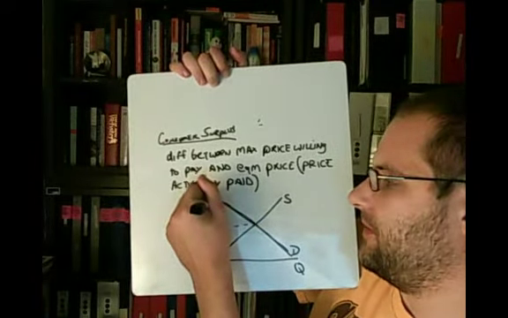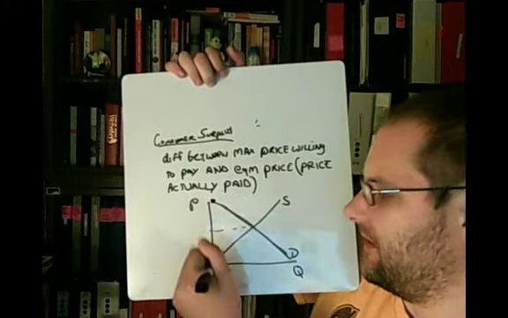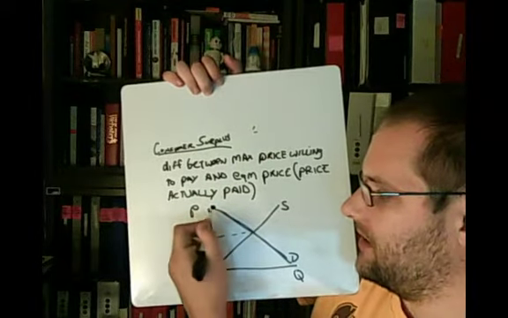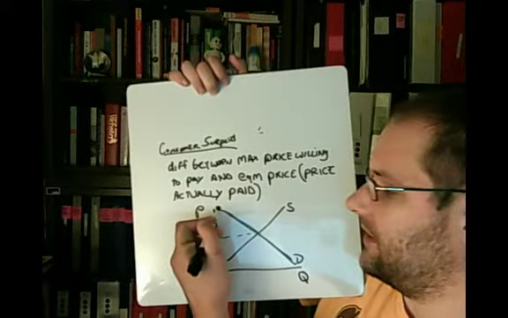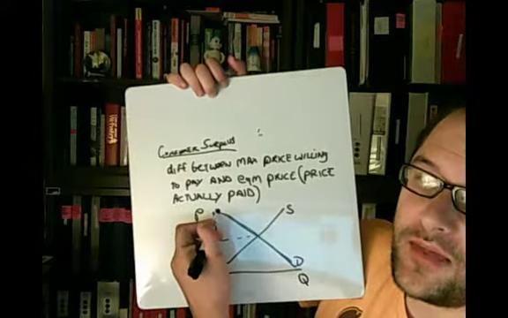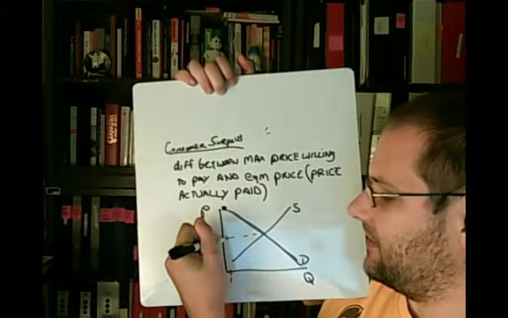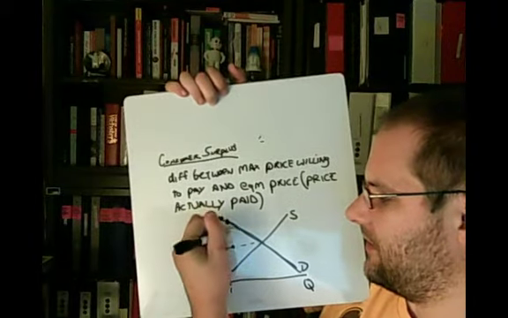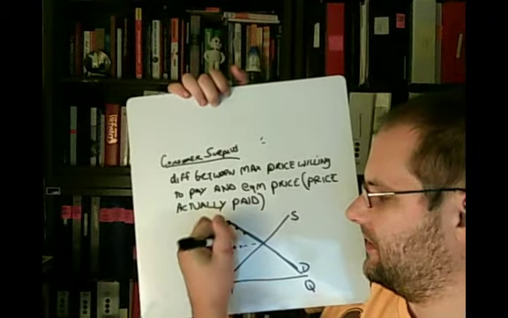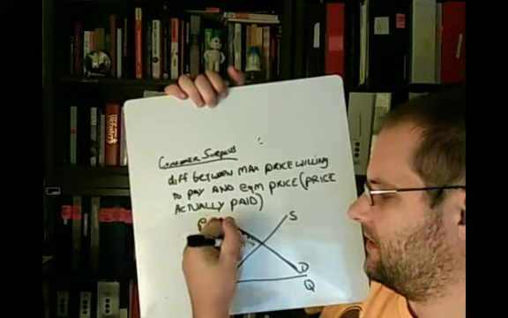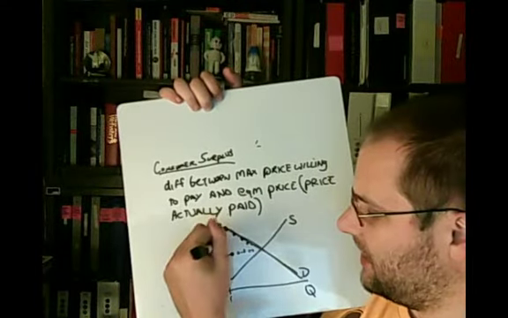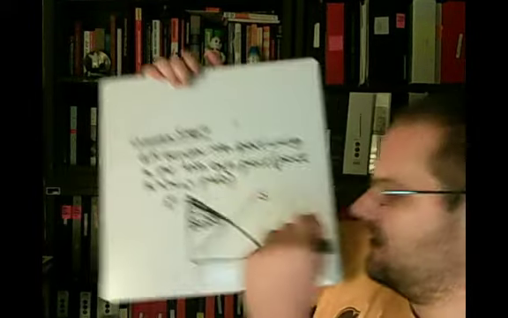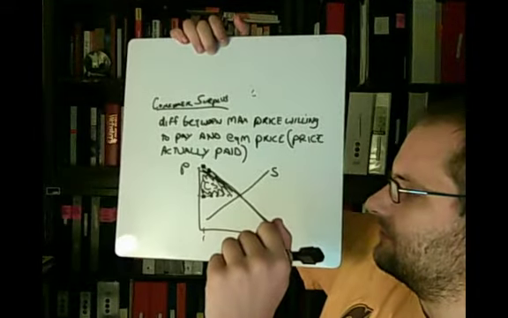So the consumer surplus at the first quantity, quantity 1, is the difference between the maximum price they were willing to pay, which is represented by the demand curve, and the price that they actually paid. And so on, and so on, all the way until this entire region is the consumer surplus.